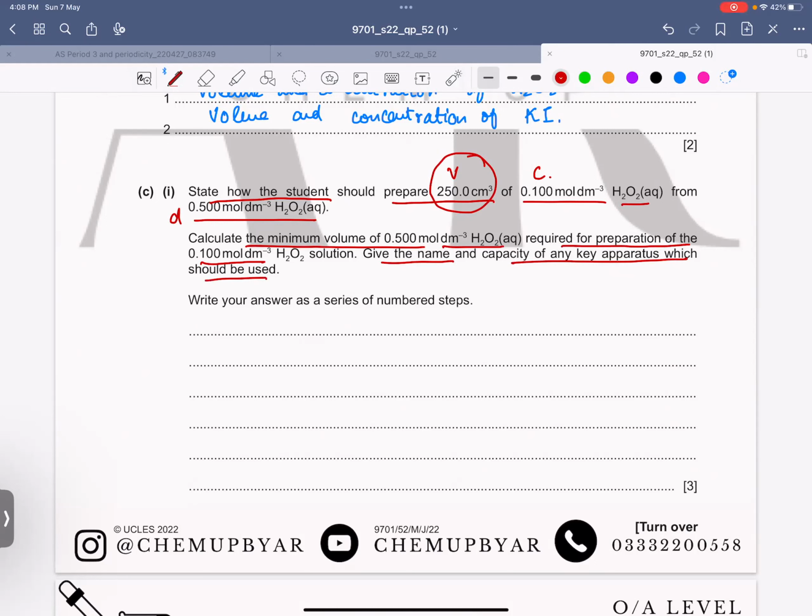Okay, so first identify how much volume we need of 0.5 mol per dm³ hydrogen peroxide to prepare 0.1 mol per dm³. So we have this expression that C1V1 equals C2V2, or instead you can write: concentration of a concentrated solution times volume of a concentrated solution equals concentration of a dilute solution times volume of a dilute solution.